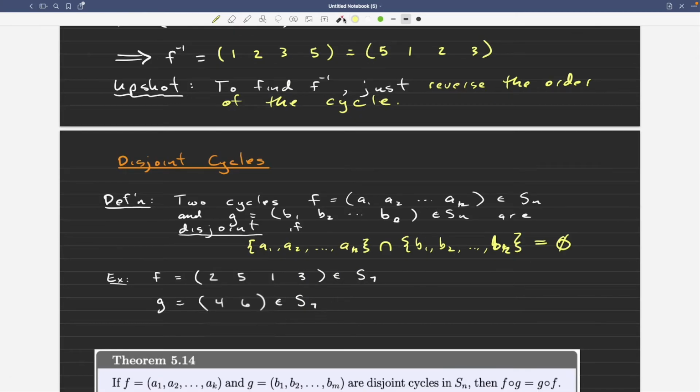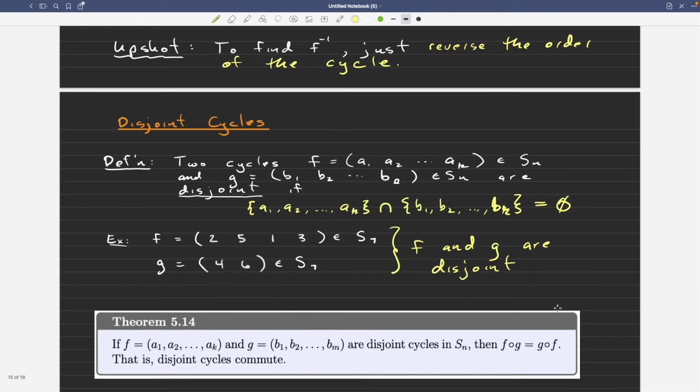So in the example right here, we can see that F and G are disjoint, because I can compare the elements in each of those cycles, and I see that there are no common elements between those two cycles, right?